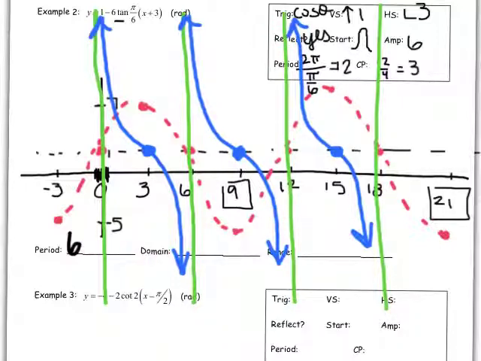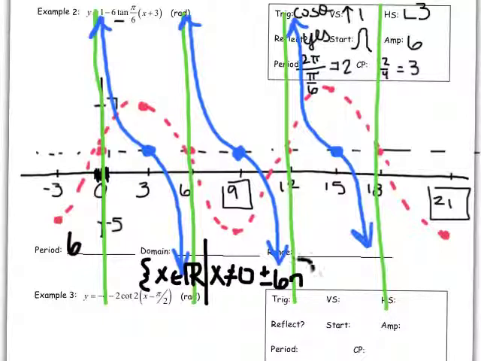So x exists in all real numbers such that x is not equal to 0 and any time we add or subtract 6. And our range is going to be bottom to top everywhere. I should note really quickly that this 0 doesn't have to be written, but if you do, that's fine too.